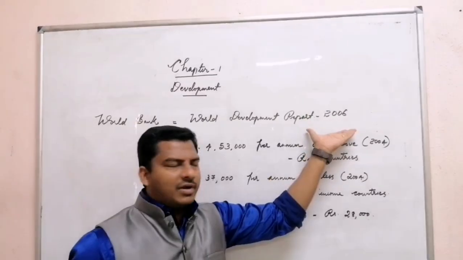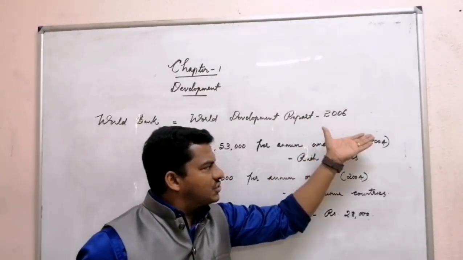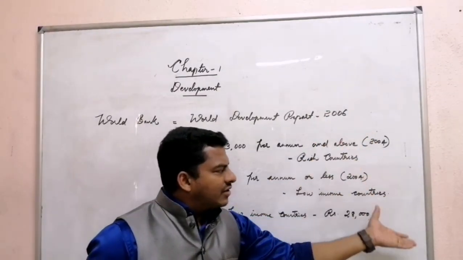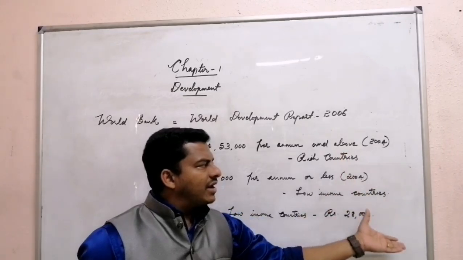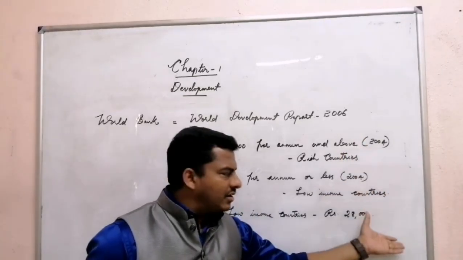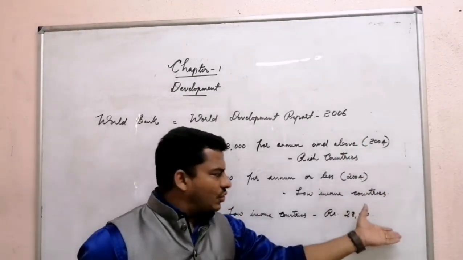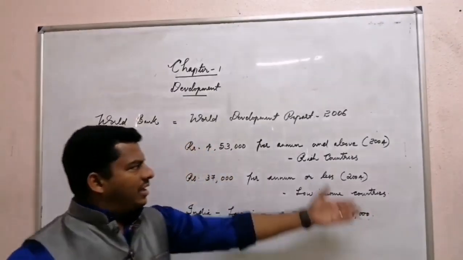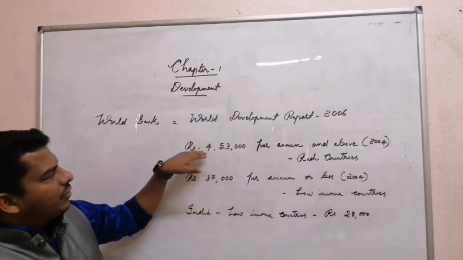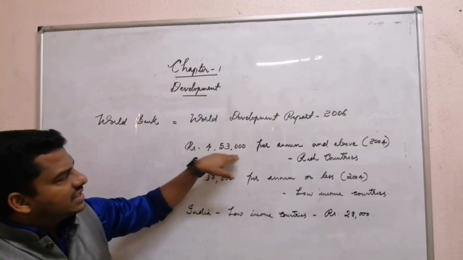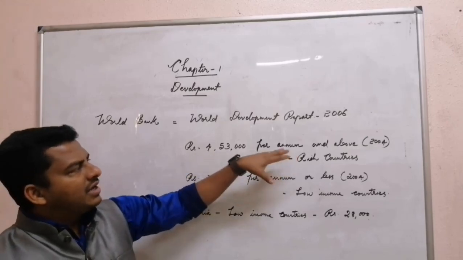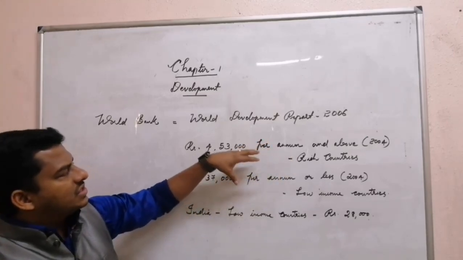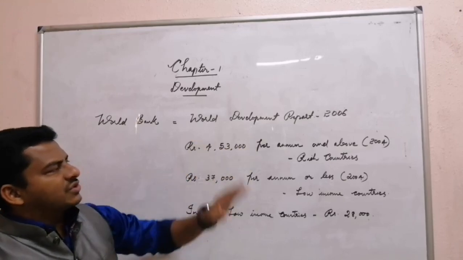According to the World Development Report 2006, they divided the countries based on per capita income into rich countries and less developed countries or low income countries. In 2004, rupees 4,53,000 per annum is considered as a criterion for classification of a country.